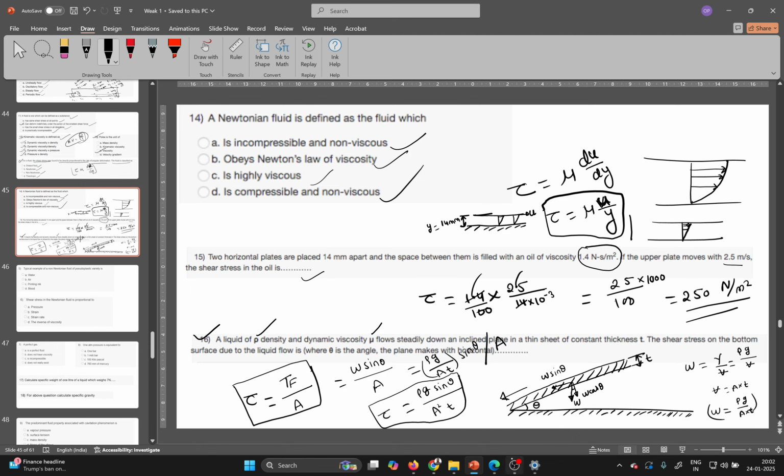So you will calculate your shear stress on the inclined plane like this. So remember please.